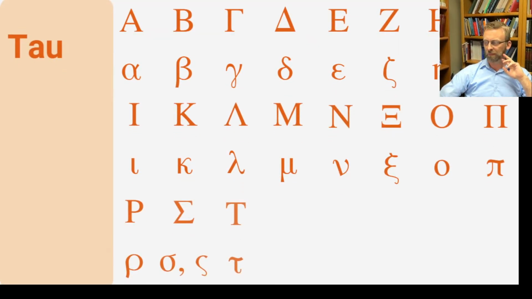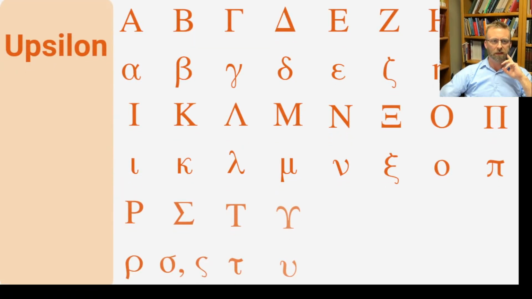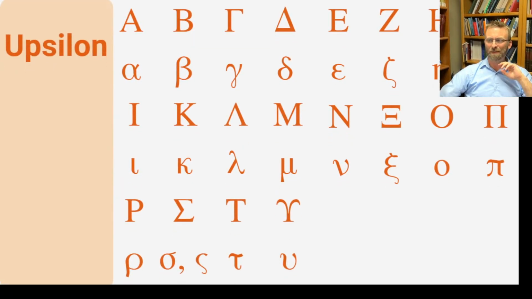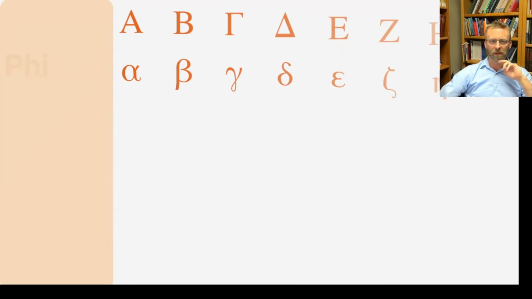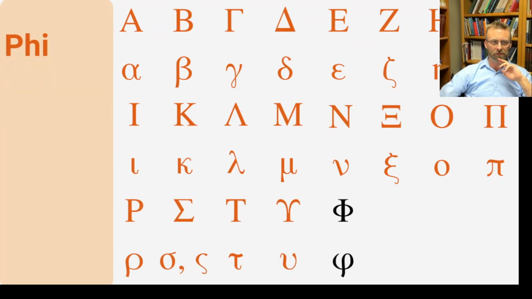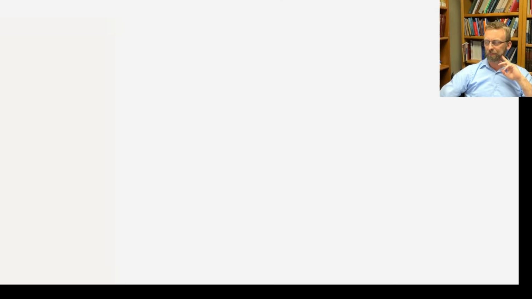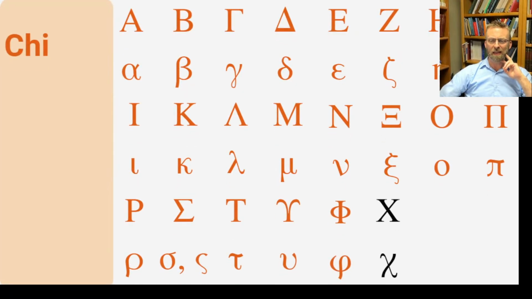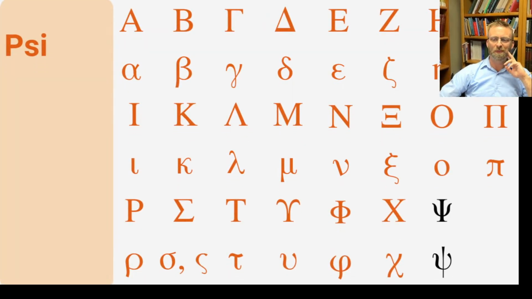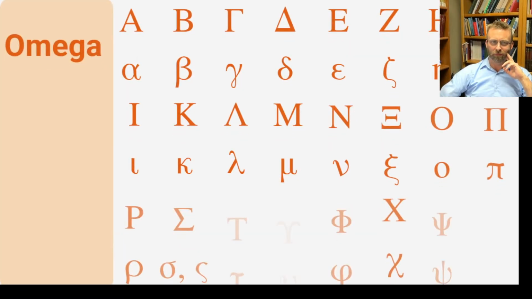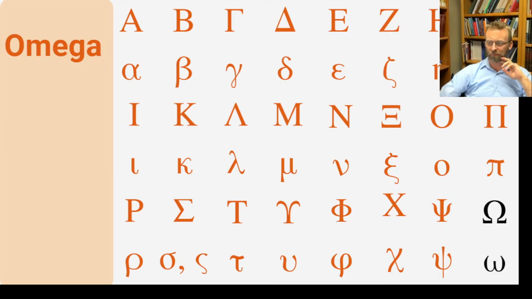Sigma, tau, epsilon. In Erasmian, we're taught to say upsilon. Then phi, chi, psi, which makes the PS sound, and then omega.